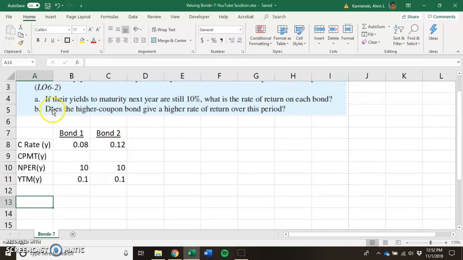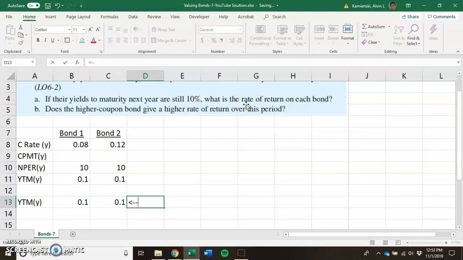Again, because it's unlabeled, we know that yield is yearly. So question A says, if their yields to maturity next year are still 10%, what is the rate of return on each bond? Well, first, we know that this is kind of a trick question.